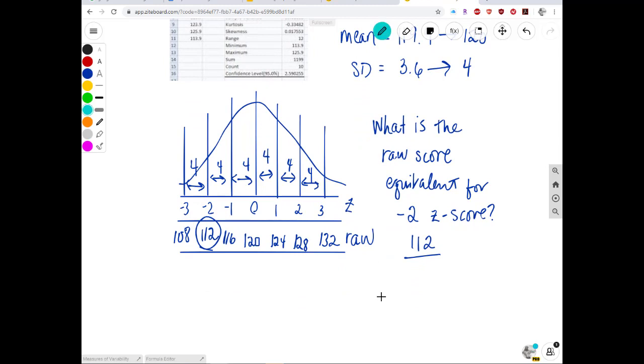If I wanted to ask, a gallon of gas costs 124 cents, what is the z-score that corresponds with this price?